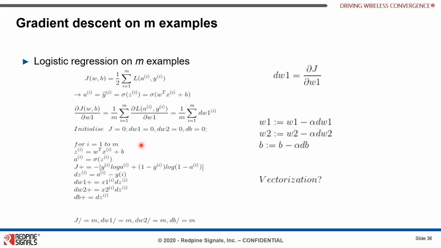It will be more clear when I come to the next slides. So this DW1 is how much you want to change with respect to W1 for L, because DW1 is actually DL by DW1. Yes, sir, DL by DW.